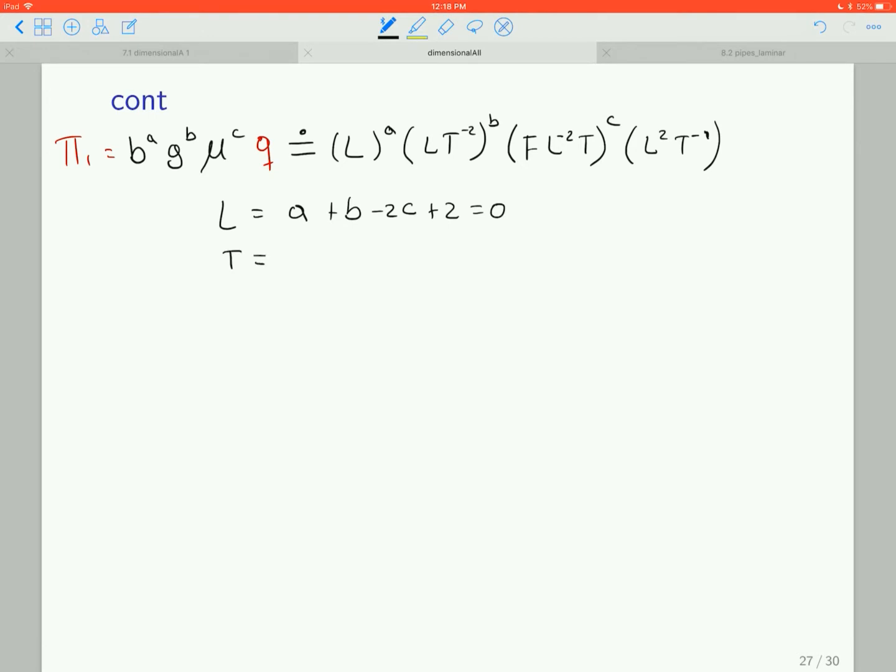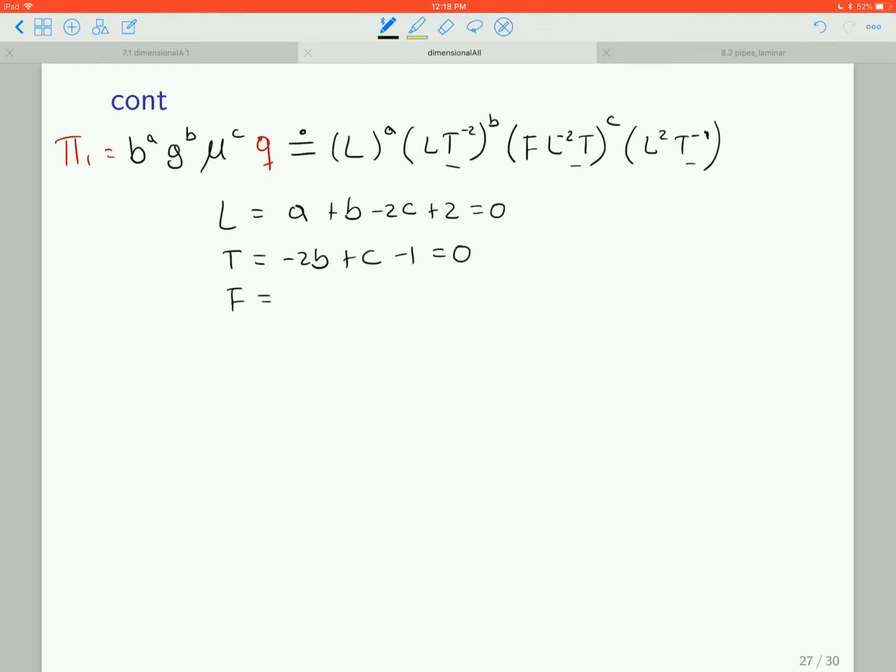For T, let's look at the exponent. So we have minus 2B plus C minus 1 equal to 0.